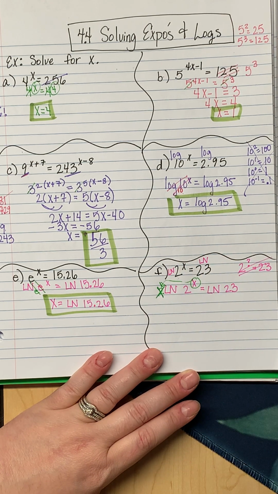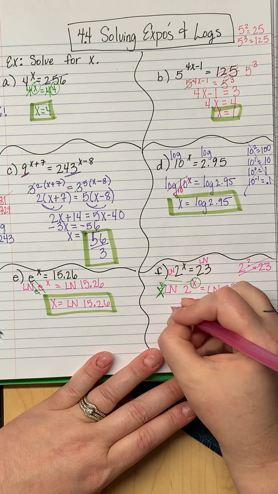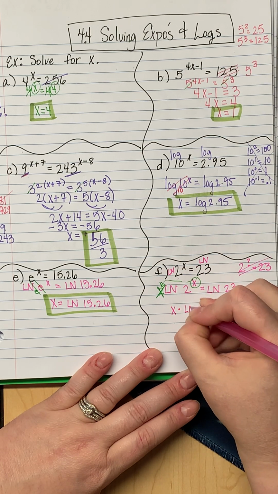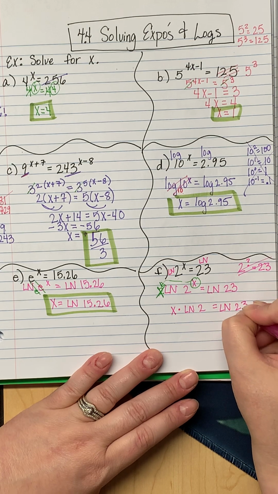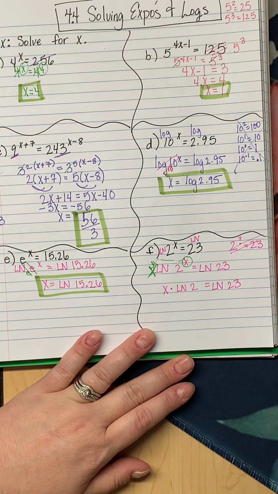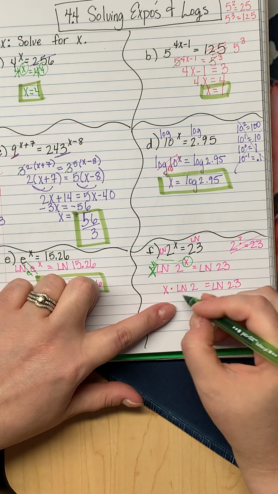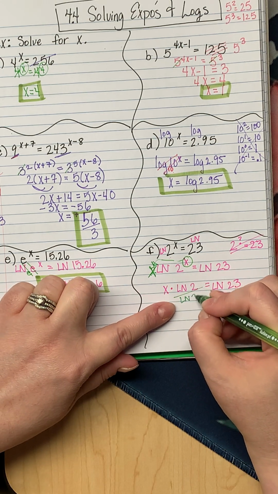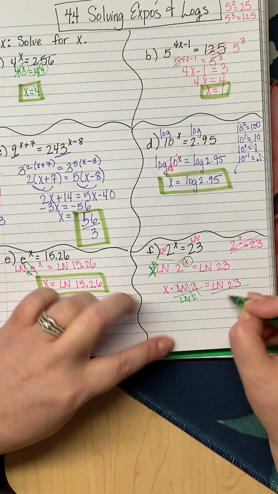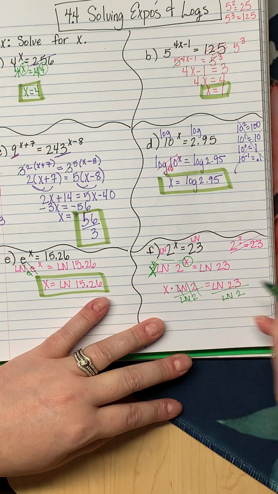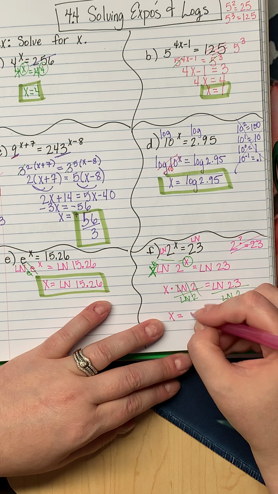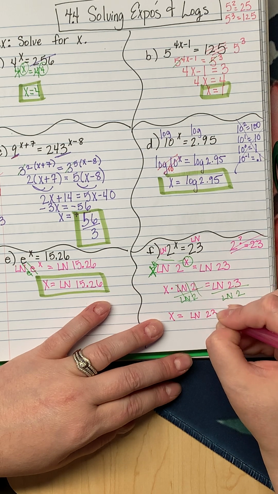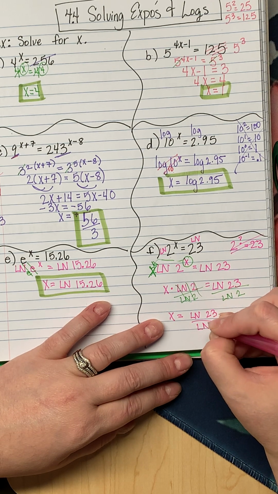So when I bring it down in front, you get x times ln2 equals ln 23. Then to get x by itself, we're going to divide by this ln2. And we get x equals ln 23 all over ln2.